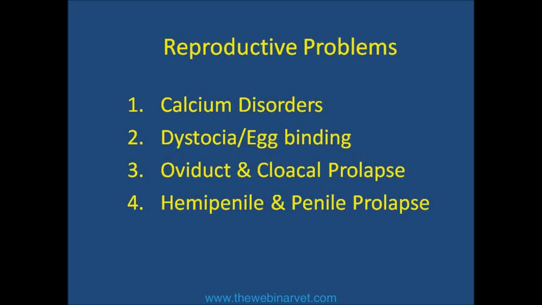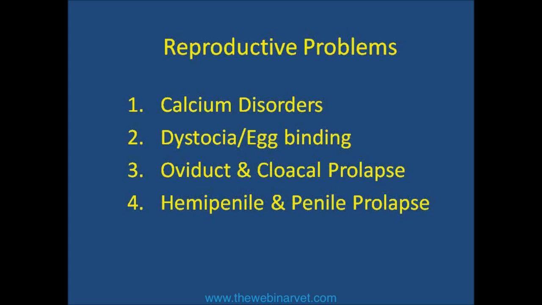The next category we talk about would be dystocia and egg binding cases. So dystocia, obviously difficulty giving birth. Egg binding, we're going to try and equip you with the skills to distinguish in clinic the two different types of egg binding that we generally see, how they can be diagnosed, how they can be treated, and what we can do to prevent them in terms of our advice to the reptile keeper and client.